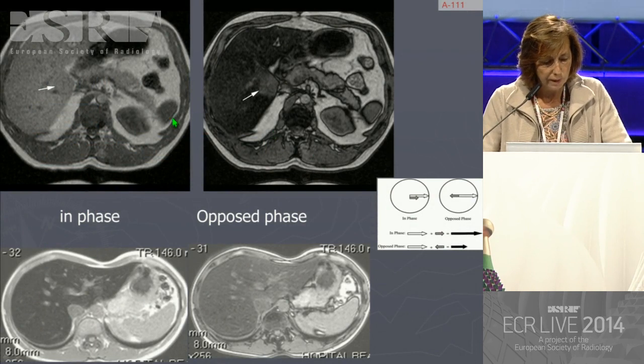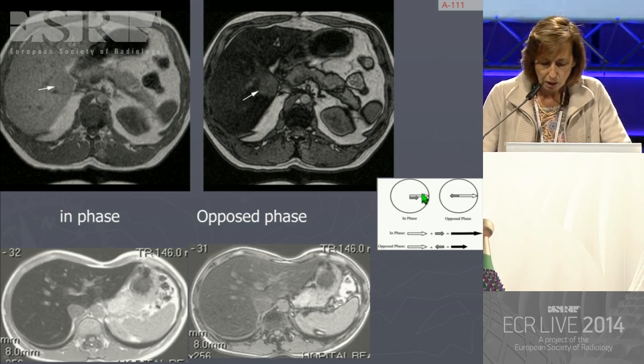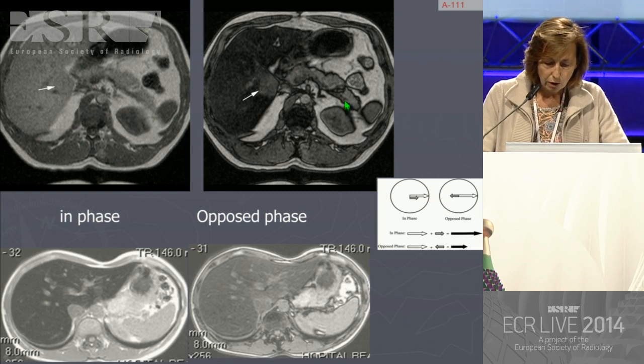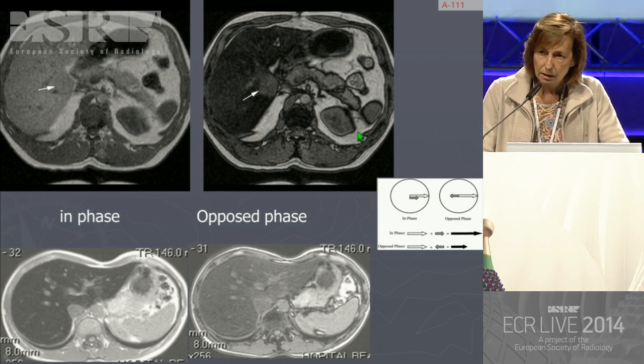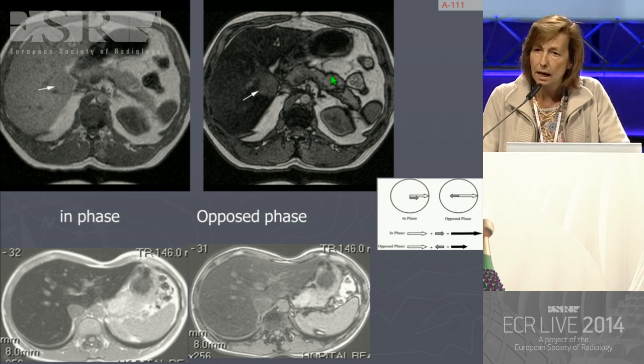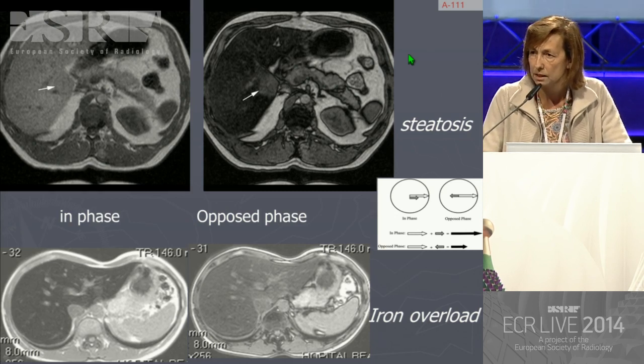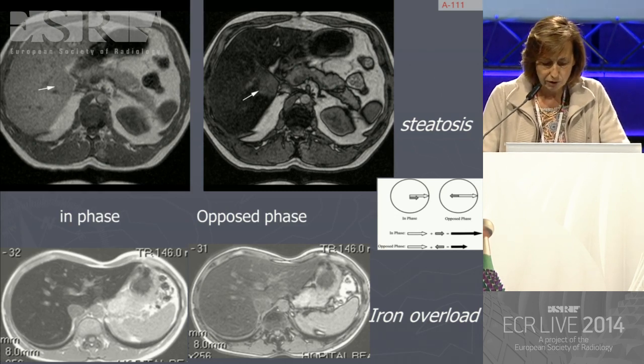On the top, you can see here in-phase imaging, here opposed phase imaging, and a drop in signal intensity on opposed phase imaging. This is because the signal of the fatty proton has been subtracted from the water proton. So clearly this is related to liver steatosis, and this imaging is 100% specific of steatosis.